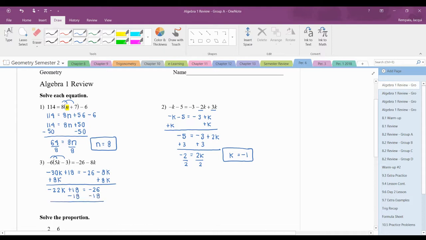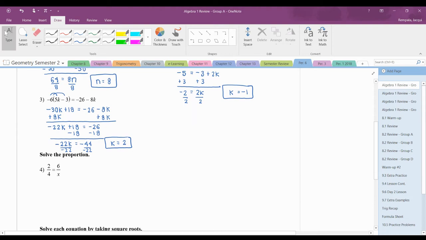So negative 26 minus 18 is going to then give me a negative 44, where then my last step to solve for k is to divide both sides by negative 22. And remember, a negative divided by a negative is a positive, so we'll get a positive 2. And there are my answers.